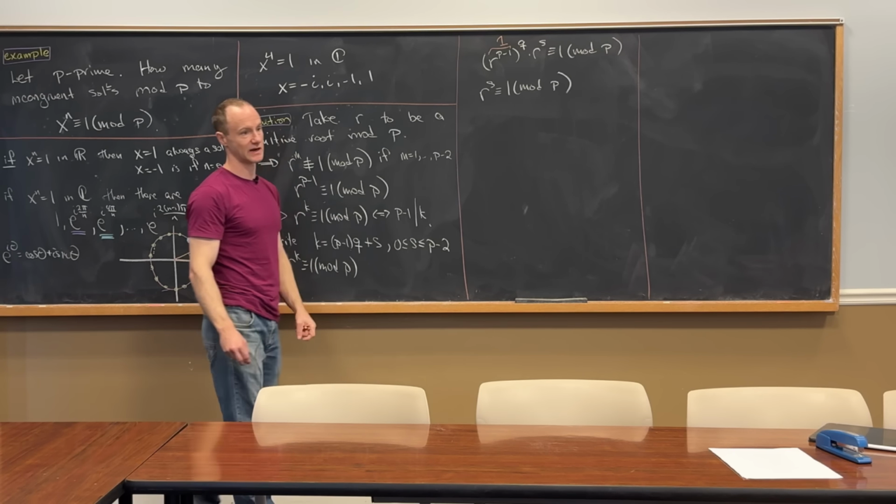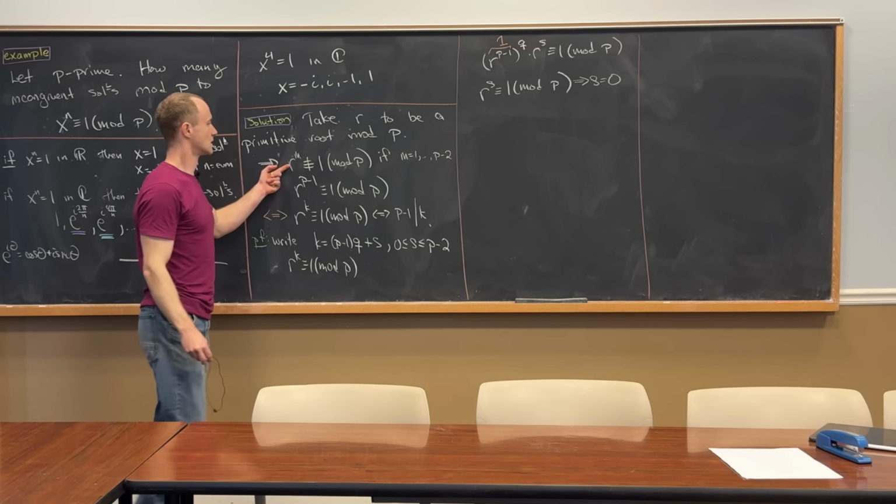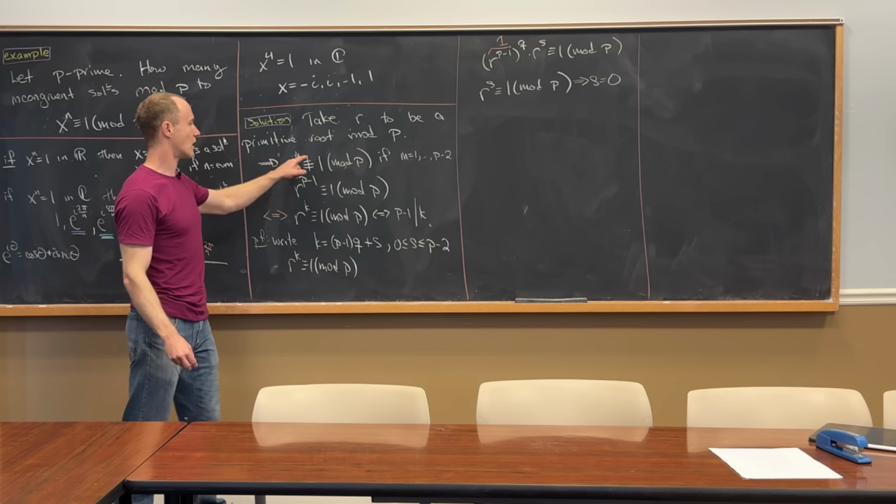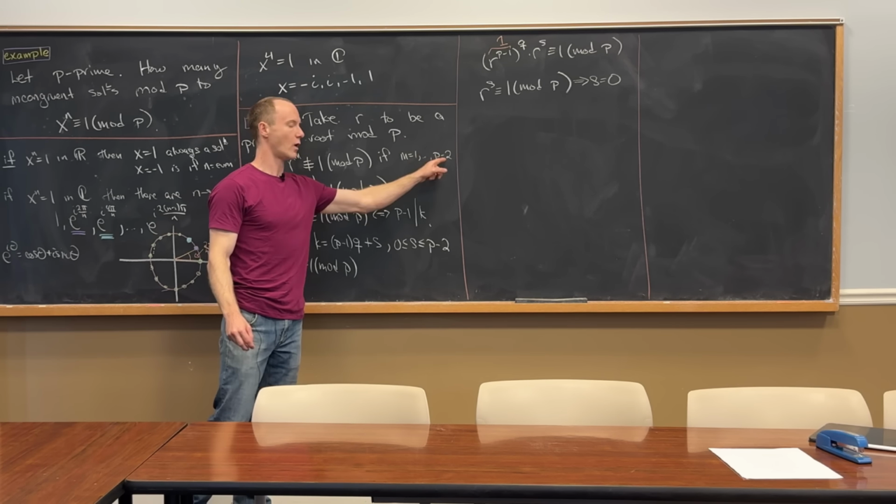Wait, so by definition of primitive root, m has to be 0? No, by definition of primitive root, if you raise r to a power that's between 1 and p minus 2, you don't get 1. Because remember, a primitive root has p minus 1 as the order, right?